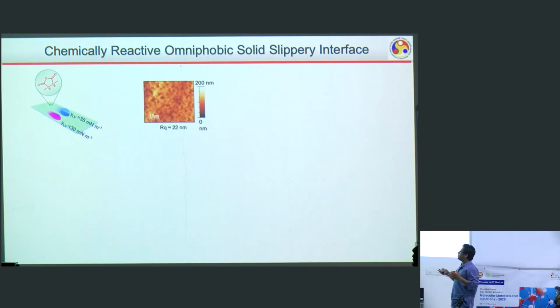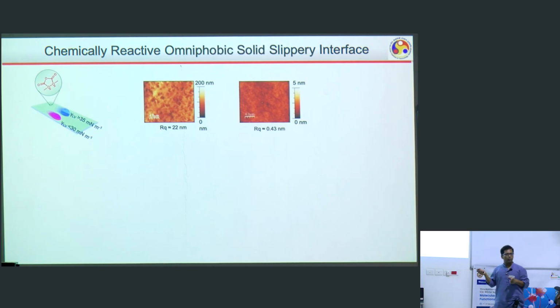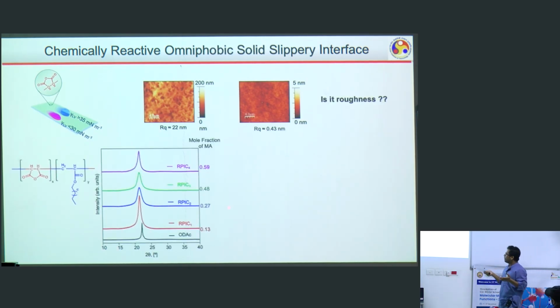Now, just by changing the mole fraction of the maleic anhydride and octadecyl acrylate, you can play with the roughness of this coating, and you can maintain the crystallinity.